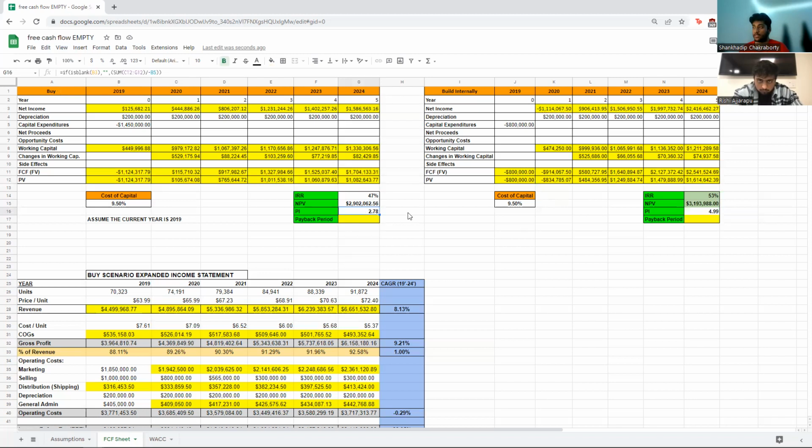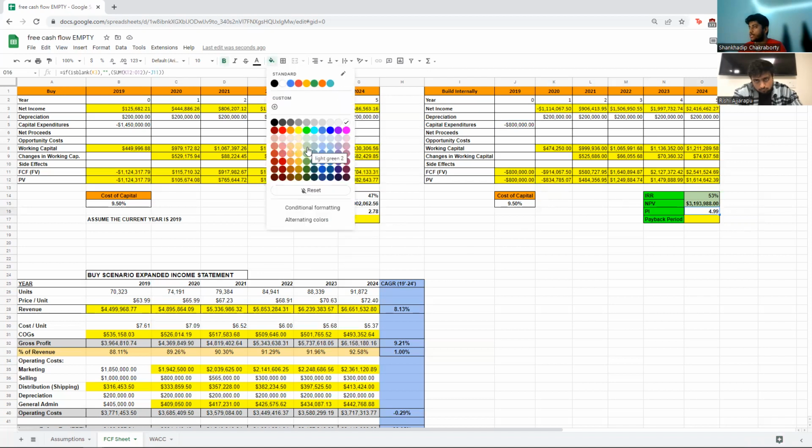It's close to 3, which means the buy scenario returns the capital back to the shareholders around 3 times over, but it's pretty much 5 times over for all intents and purposes in the build scenario. That's really, really good. That's pretty much making what you spent in CapEx every year in profit because it's 5 years, right? So that's really, really good. And so clearly the build scenario is better here.